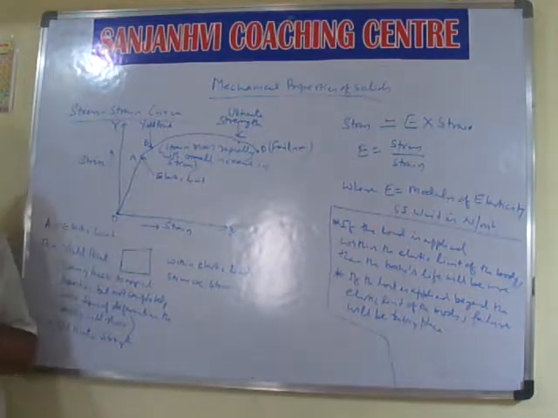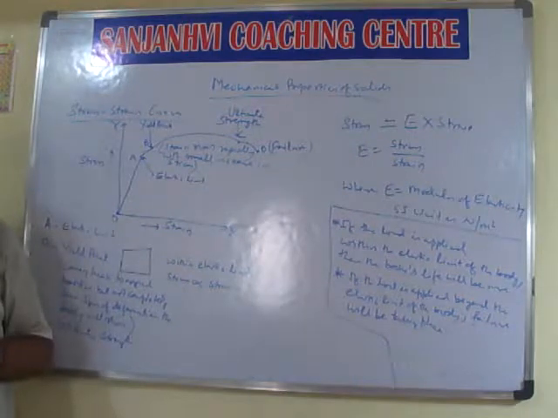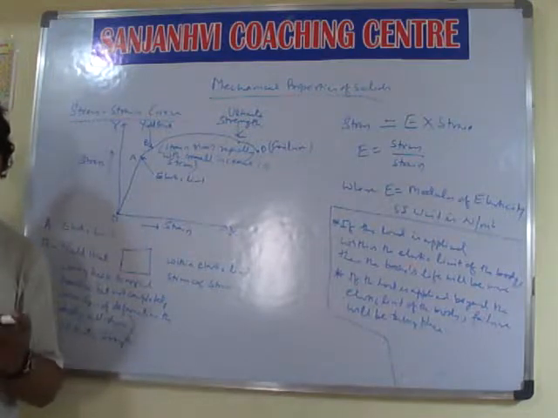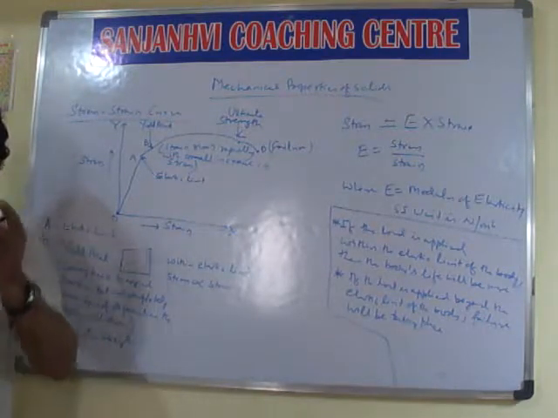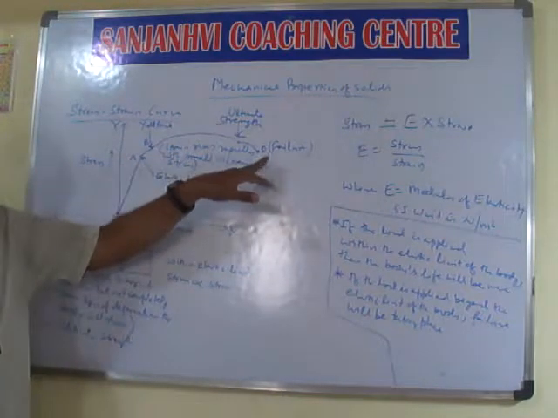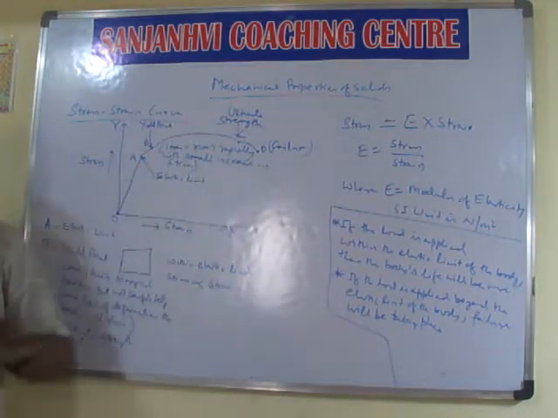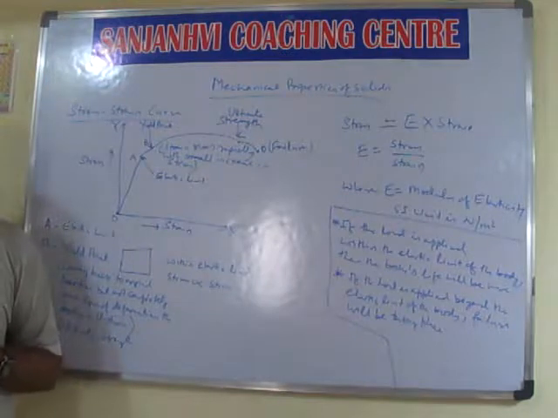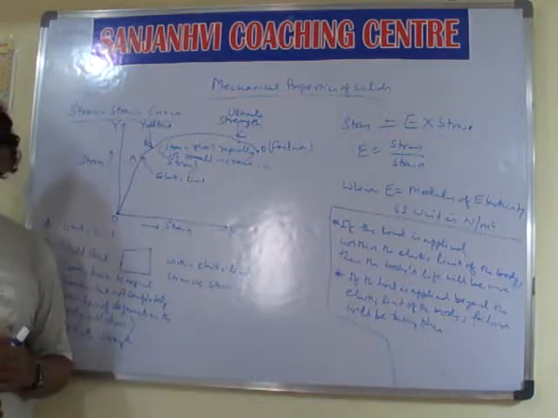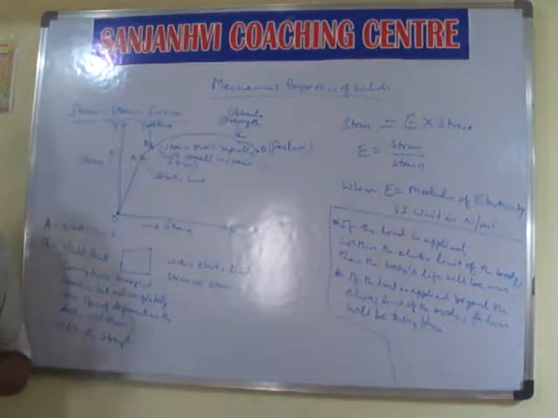Even the overbridges and all are getting damaged. So how are they damaged? Though it is loaded up to the elastic limit, that load is slowly creating little deformation, and it is reaching the stage of D after a longer time, and then failure takes place. That's why every building has to be checked in between.